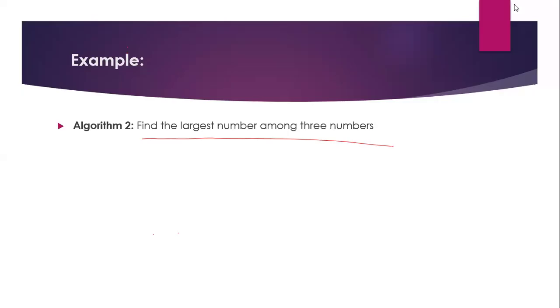There were others also, I think, who tried. It's okay, no problem. Now you have to find the largest number among the three numbers. Can anyone say what the first step we want to make is? Start. Okay, we have to start this thing.